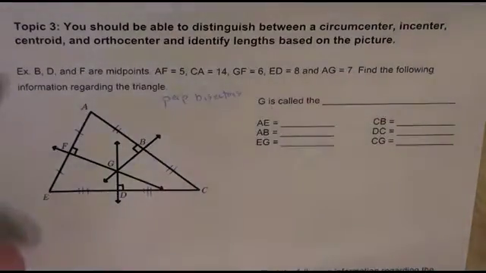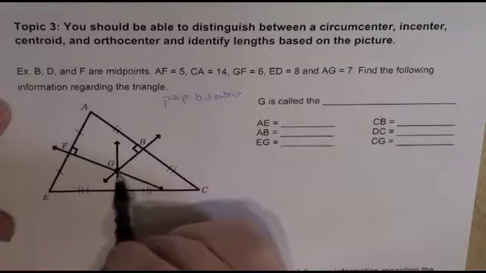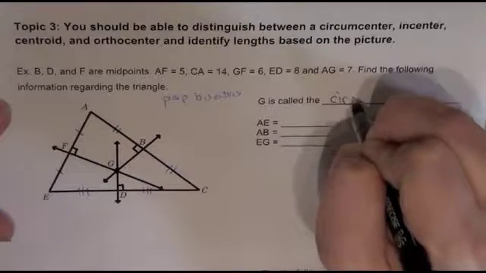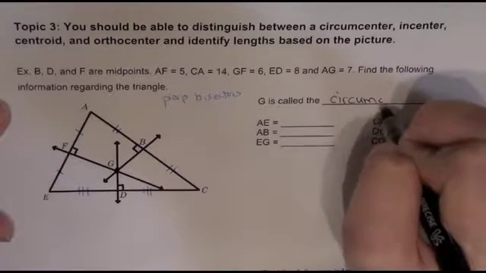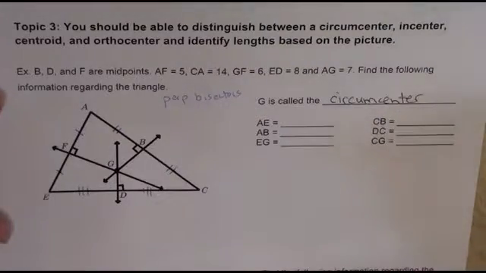And why that's important is that perpendicular bisectors come together at point G right here, and that is called the circumcenter. The point of concurrency, or the point where the perpendicular bisectors intersect, is called the circumcenter.